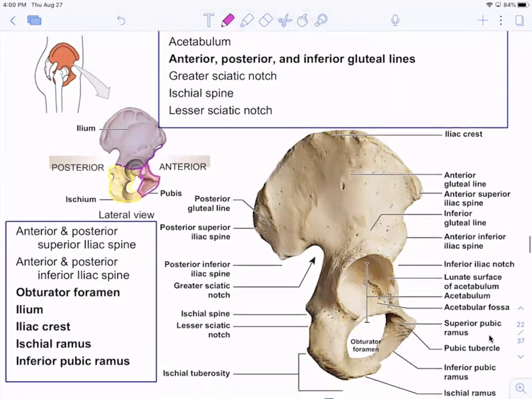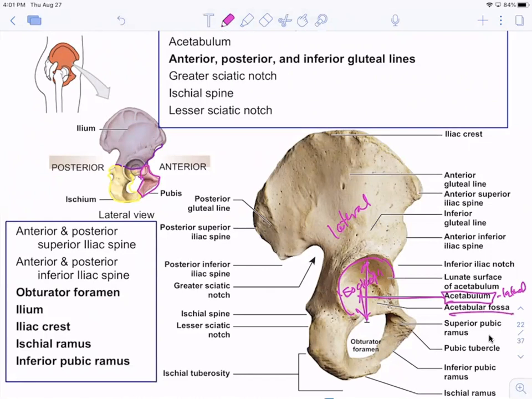So this is the lateral view. How do I know? The acetabulum is going to be lateral, right? It's always lateral. And so this is the socket, the ball and socket joint. Head of the femur fits into the acetabulum. It's also referred to as the acetabular fossa.